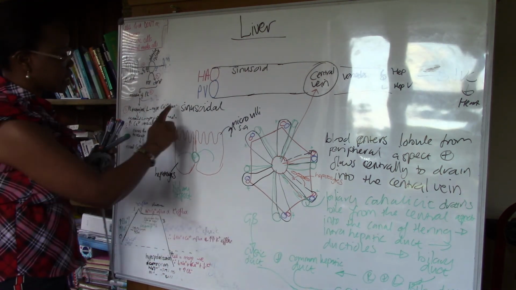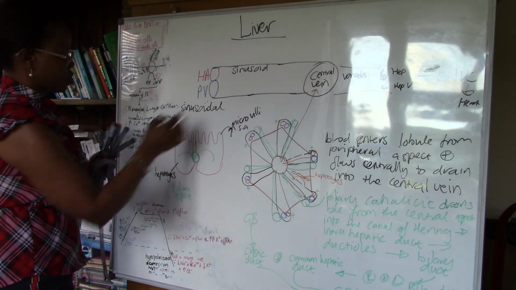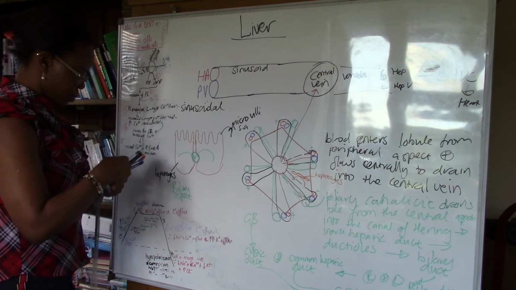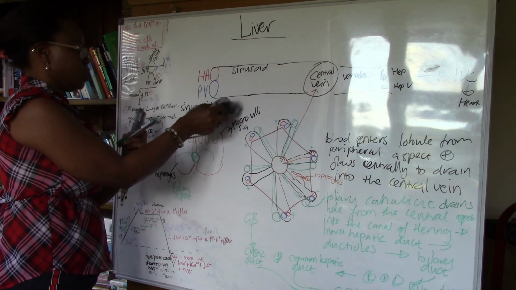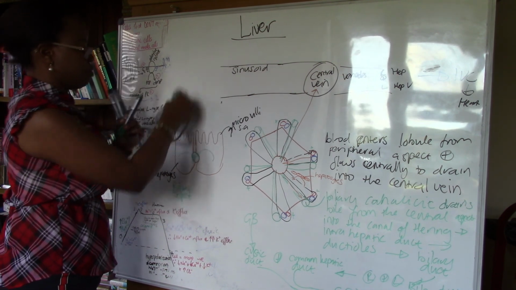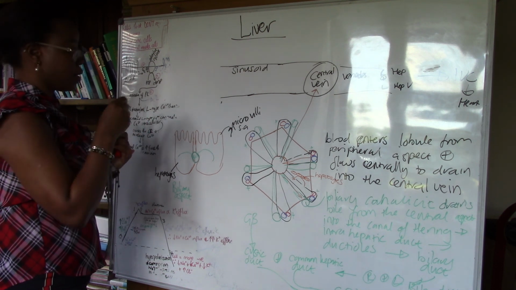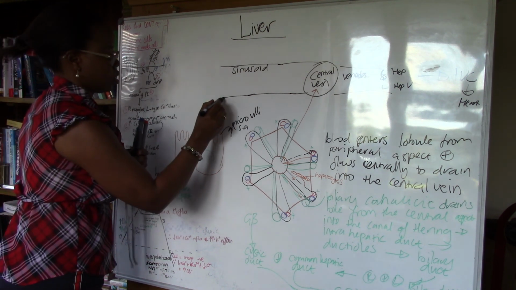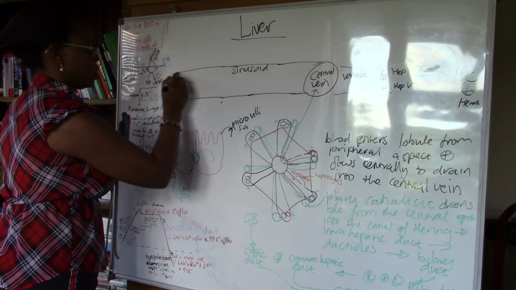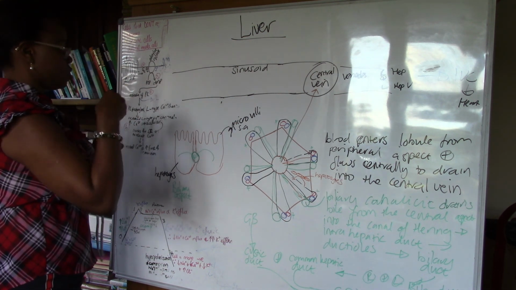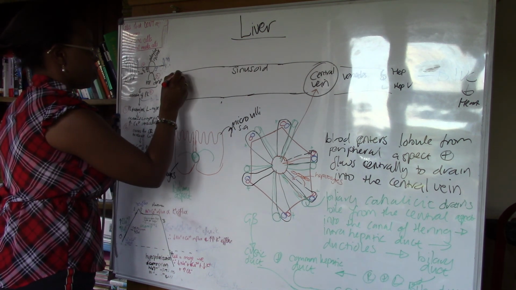Whereas in the sinusoidal aspect, the sinusoid is just there. We'll extend this just to make the point a little bit better. So it will have an arteriole there.